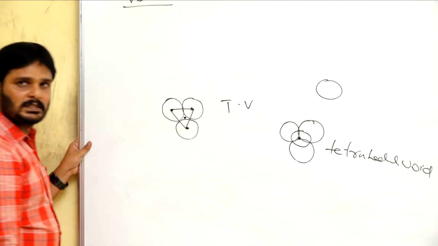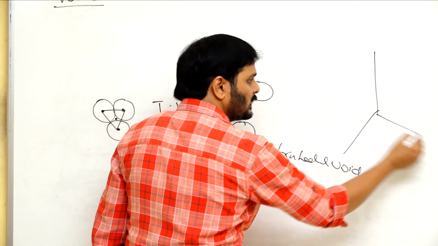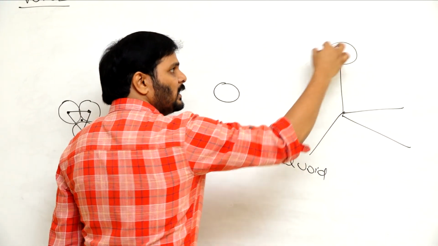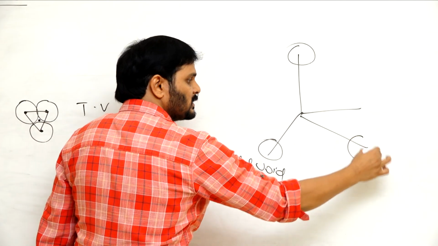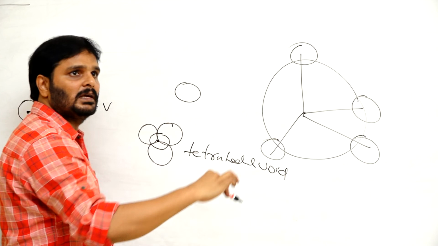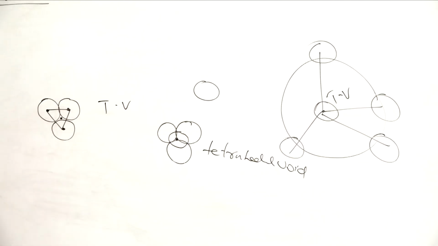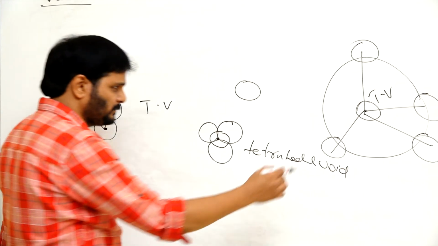This is the first atom, second atom, third atom, and this is the fourth atom. All these atoms are in contact with each other, and hence this is known as a tetrahedral void.